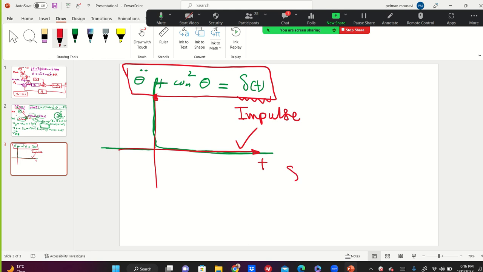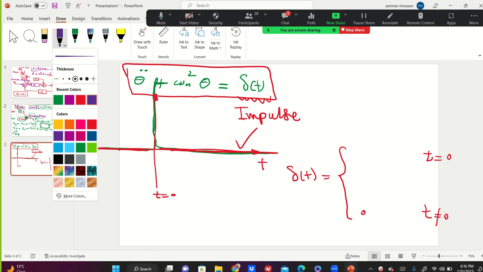Because mathematically, impulse is defined like this. Write it down. At t not equal to 0, how much is the value of that? It is 0. This is t0. At t0 equal to 0, how much is the value of this? One of you tell me.